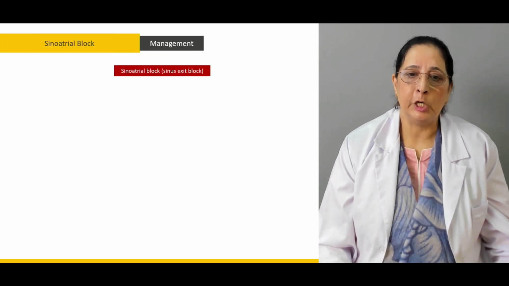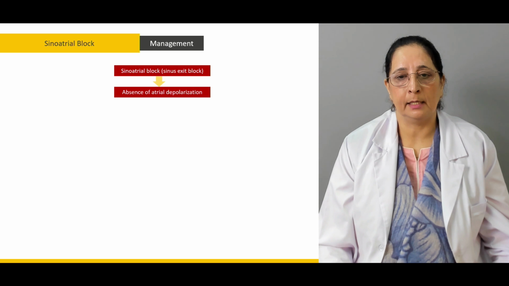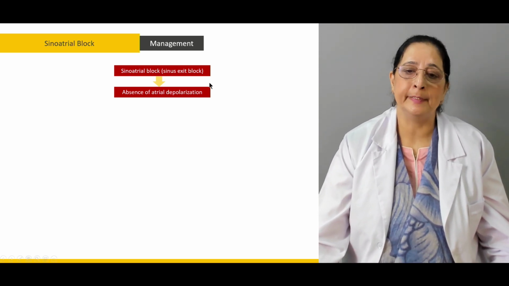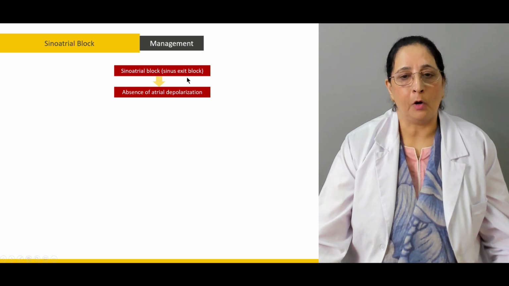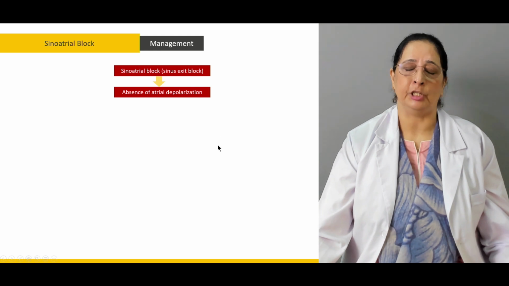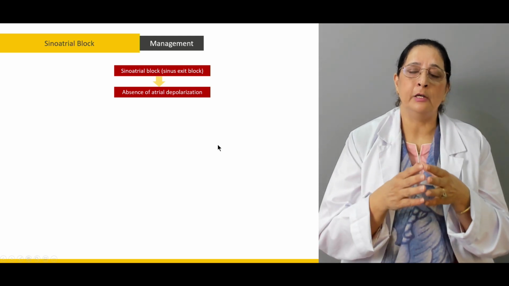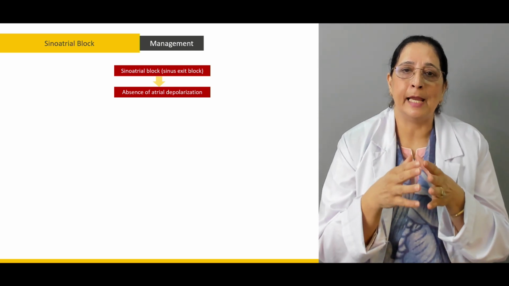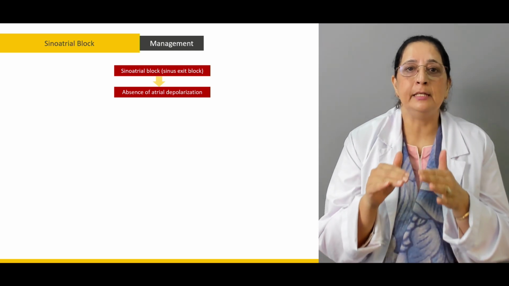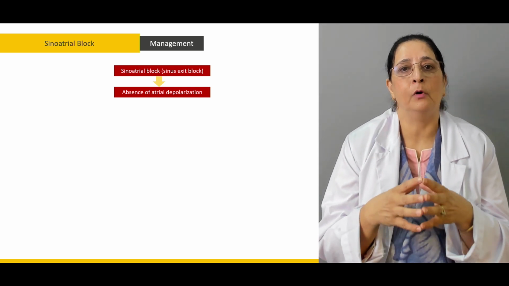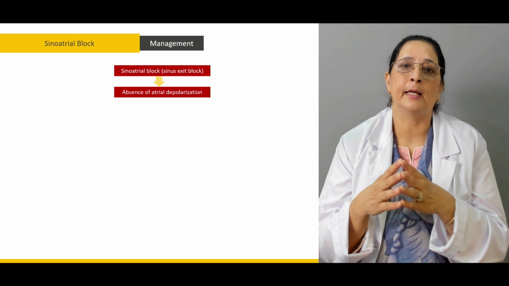Management of SA node block: if there is SA node block, what happens? Sinus exit block. So there is absence of atrial depolarization. We know now the normal cardiac cycle. When the impulse from the SA node reaches the atria, it causes contraction of the atrium, or atrial depolarization.